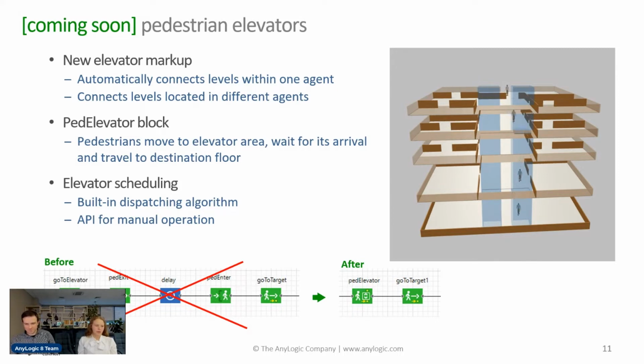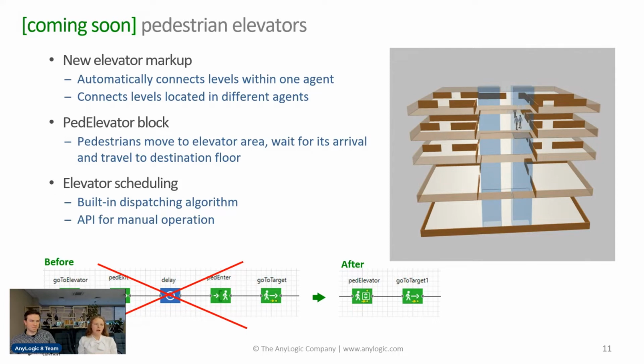Finally, I want to say that the elevator will have built-in logic of dispatching, of governing all the calls that it receives from the different floors and from the persons inside the cabins.